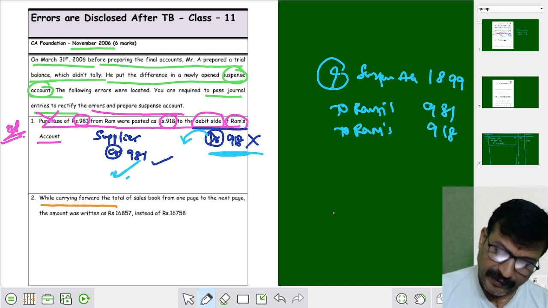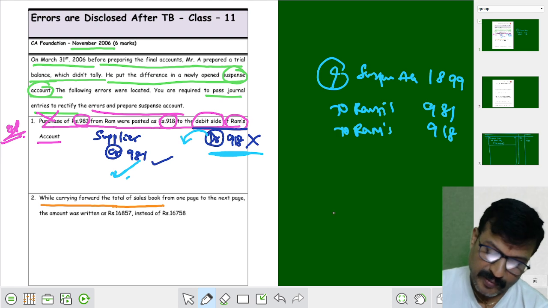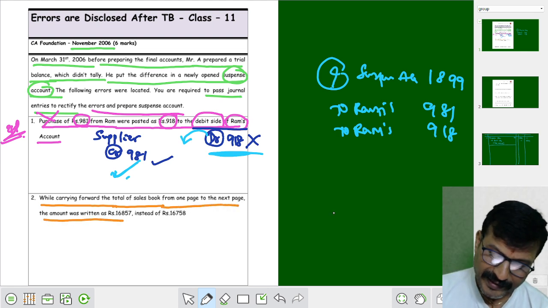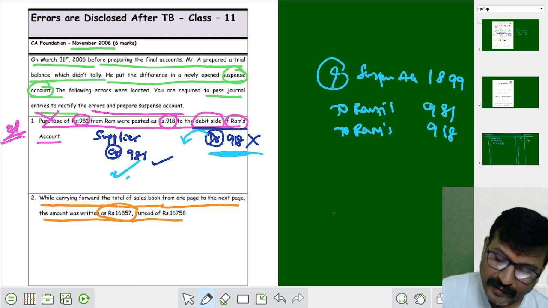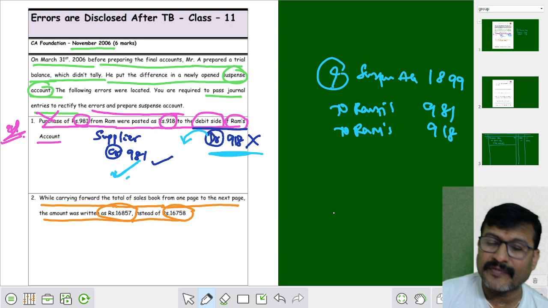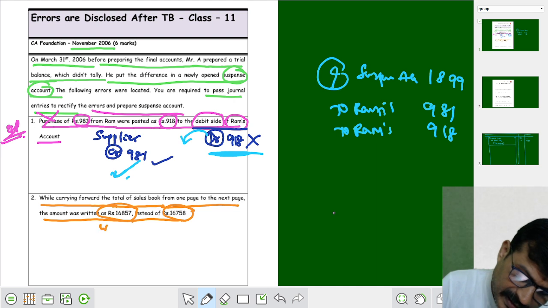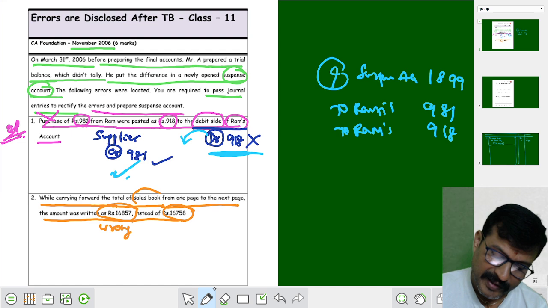While carrying forward the total of the sales book, from one page to the next page, the amount was written as 16,857 instead of 16,758. Written as means this is wrong. What book is it? Sales book.